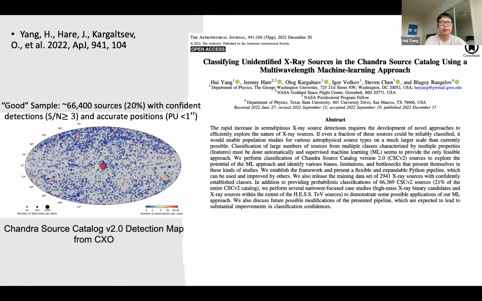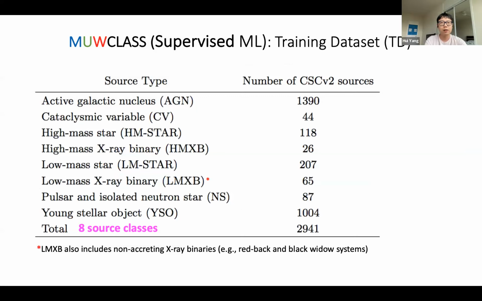We have recently published our paper on classifying a good fraction of Chandra Source Catalog version 2.0 sources with some quality cuts using our multi-wavelength machine learning pipeline MUWCLASS. We used a supervised machine learning method where we rely on a training data set with well-verified sources that we built from literature and online resources.